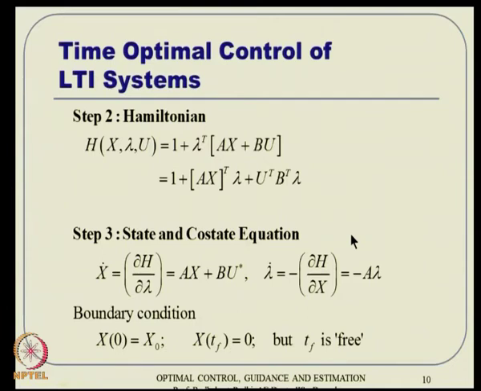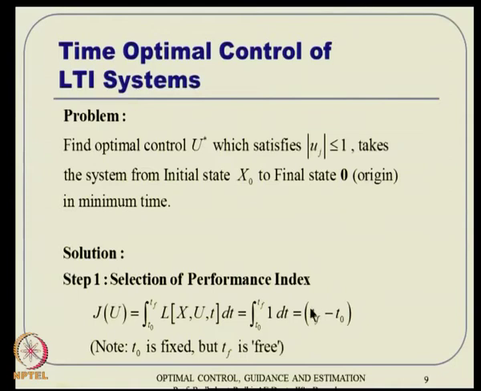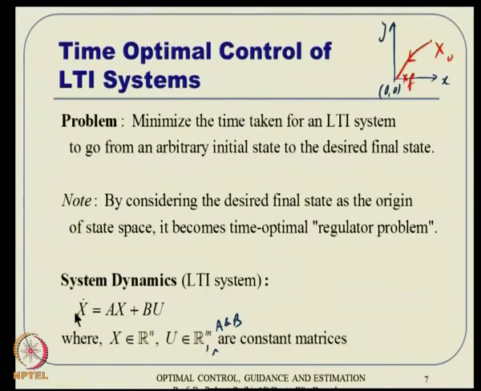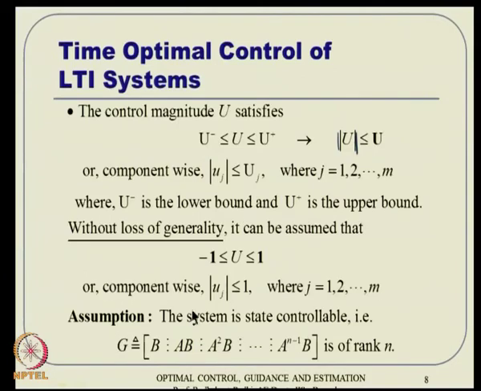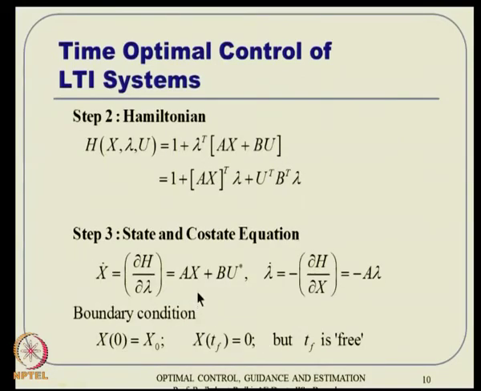Now step 2: we start the solution procedure. Now we have a cost function, where L is 1 and phi is 0, and we have a state equation x dot is Ax plus Bu, and then we are ready to write the Hamiltonian. So H of x, lambda, u is L plus lambda transpose f, which is 1 plus lambda transpose times Ax plus Bu, where f is Ax plus Bu.